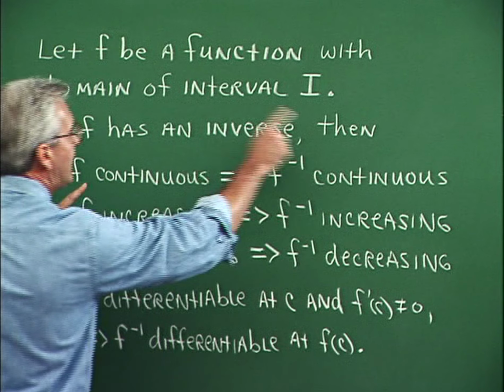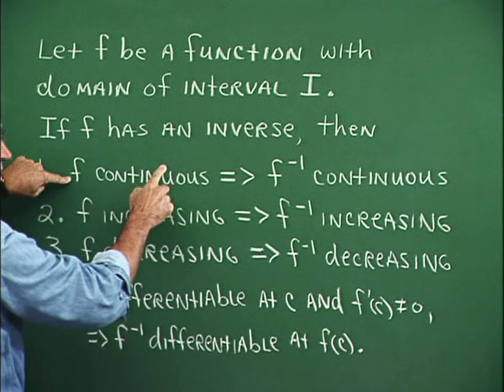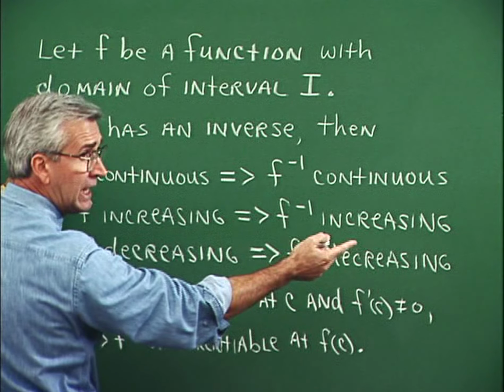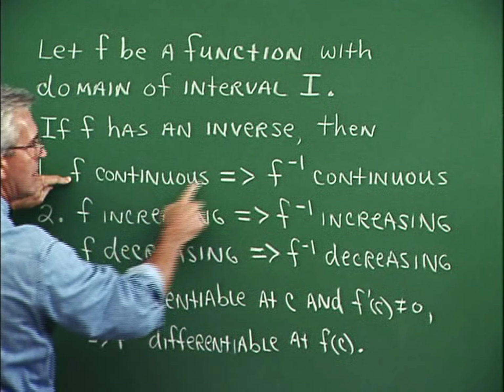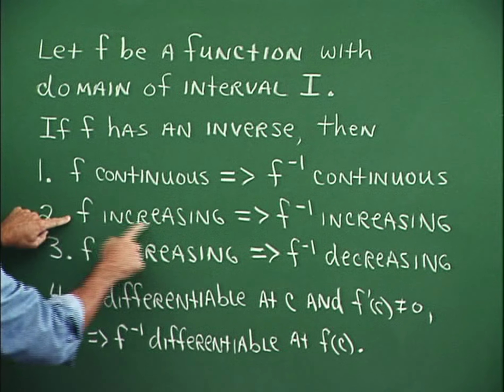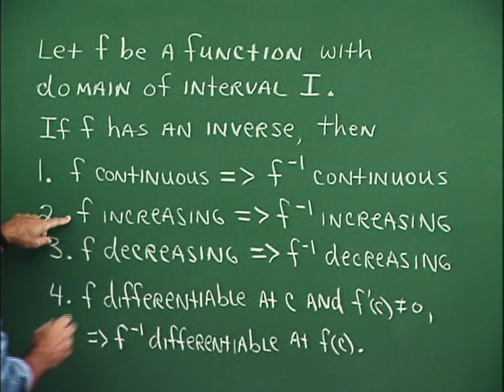All right, then if that's true, then if f is continuous on its domain, then f inverse is continuous on its domain. Now the domain here is I, but the domain here would be the range for f. At any rate, if f is increasing on its domain, then f inverse is also increasing on its domain.